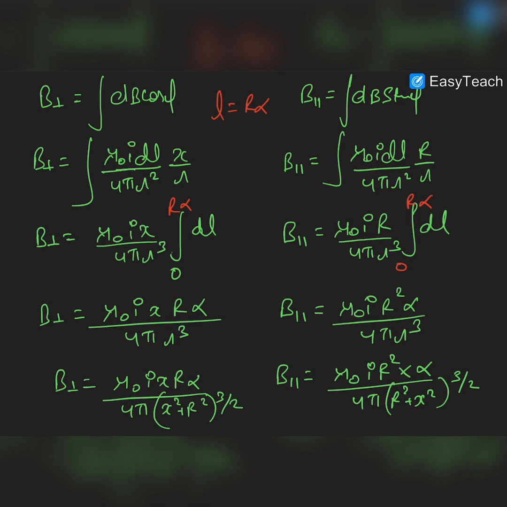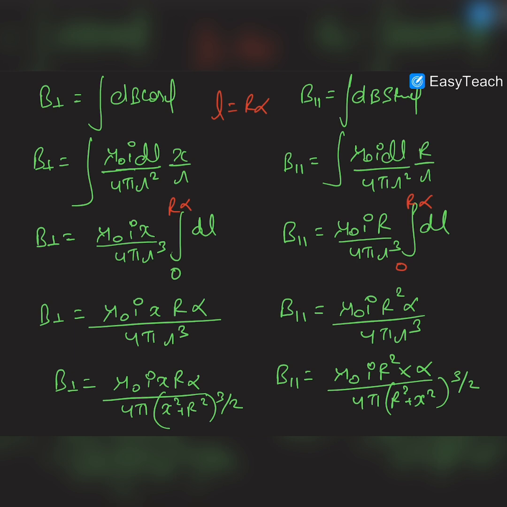So this is the final result, and we know that if this ring is not a complete ring, then there will be two components of magnetic field, one perpendicular to the axis of the ring and the other parallel to the axis of the ring.